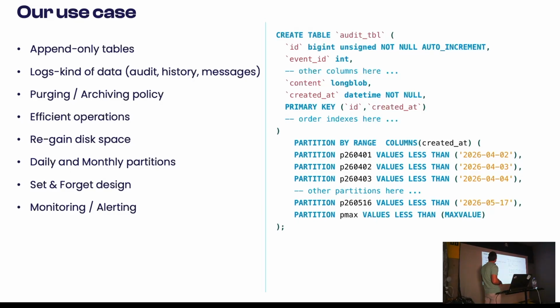In our use case, we had tables that are append only, where we are keeping log kind of data, like audit history, messages, something that just inserts content at the end of the table, and we want to keep the content, but only for the last X amount of records.